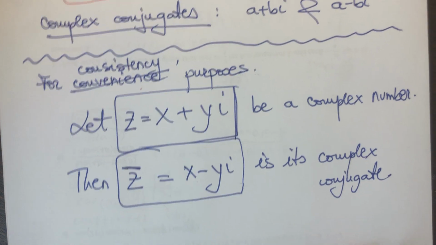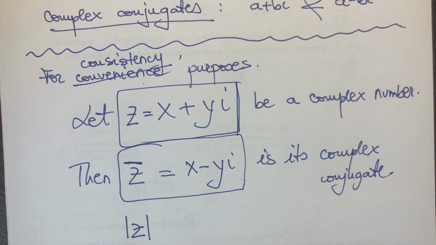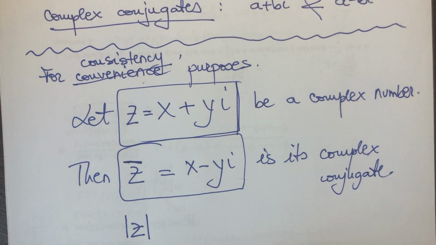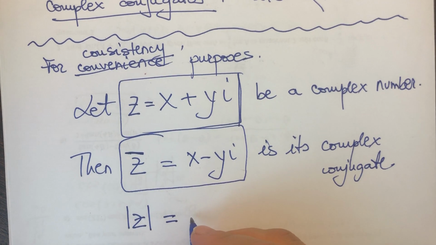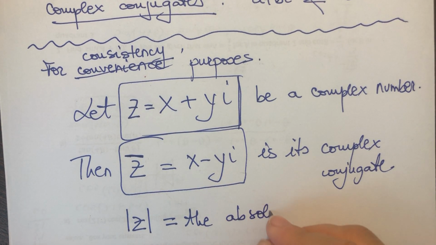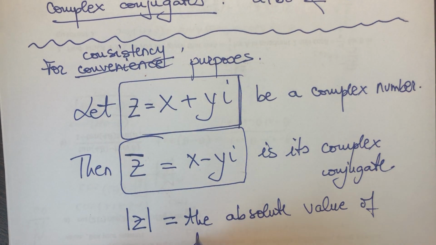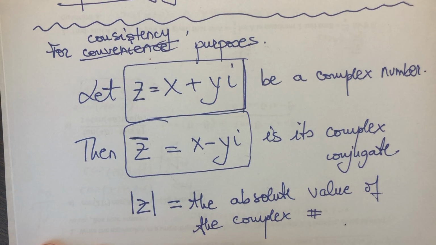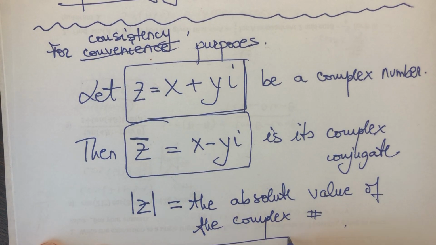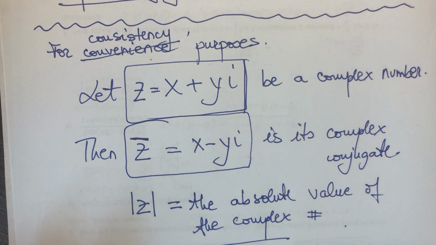We have other notations that are going to be helpful. We're going to put some absolute value bars around z, and we call this the absolute value of the complex number. The absolute value of z is going to equal the square root of x squared plus y squared.